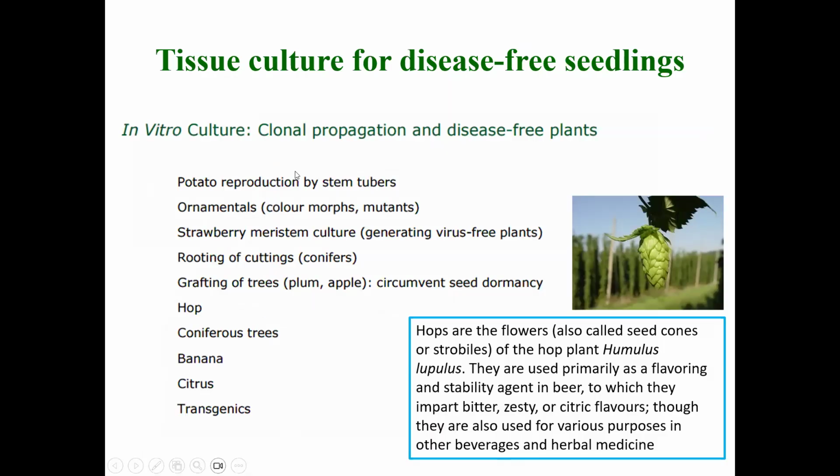In case of potato, as I mentioned, stem tuber we use, ornamentals, color morph mutants, strawberry meristem culture. In our country, strawberry is mostly cultured using tissue culture, virus-free or fungal pathogen-free seedlings.